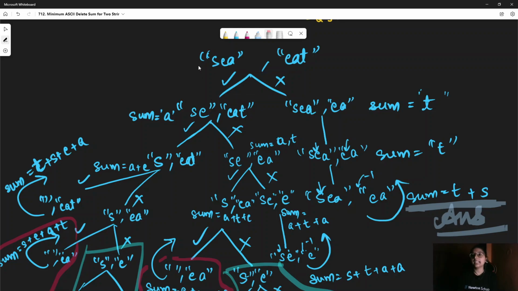Now here you can see, if we are choosing from the first word, then S, E and A have been deleted, right? So A comes into this sum. Here I am writing just the alphabet, although the ASCII values of these particular alphabets would be added to this sum. Just for convenience, and so as not to remember what the ASCII value is, I am directly writing the A character. And EAT would be as it is, right?